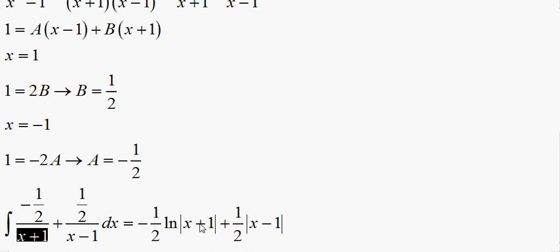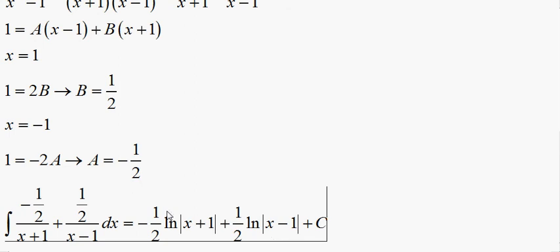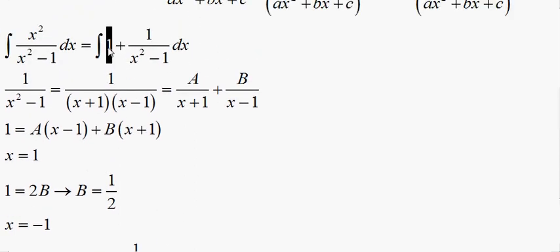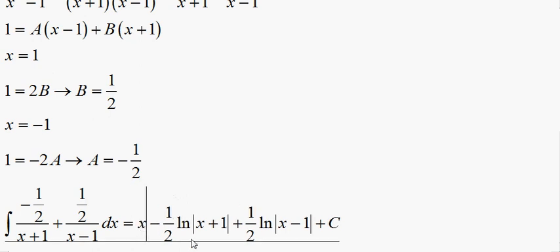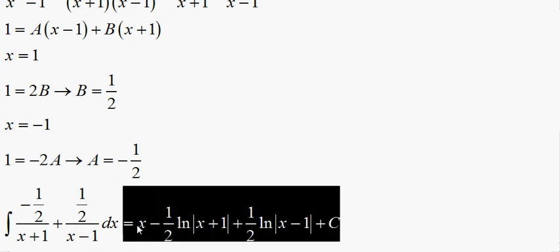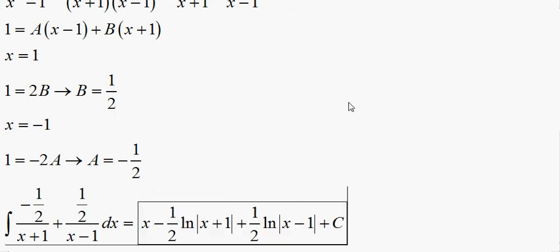So you can't just put x plus 1 into the natural log because it could be negative. So you always have to put the absolute value. Oops, forgot the ln again. There we go. And then plus c, but we forgot about this 1 right here. We only did this. So the integral of 1 is just x. And there you have it.